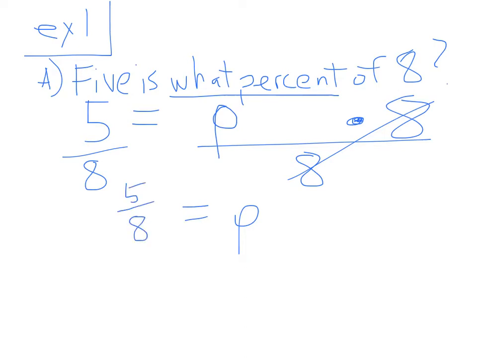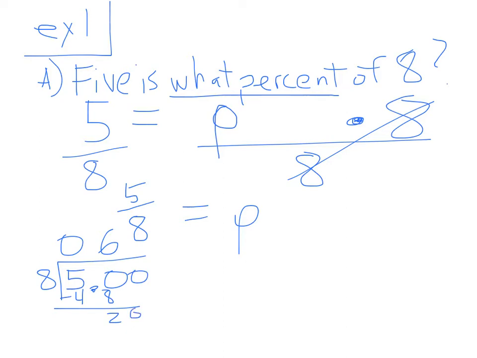5/8. But the problem with this is we've got to take that to a percent, which means we first have to take that to a decimal. So let's start with bottom into top. 8 does not go into 5, does go into 50. 6 times, we get 48. Subtract is 2, drop a 0. 8 goes into 20 2 times, you get 16.